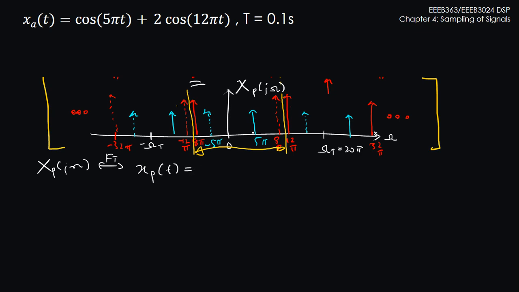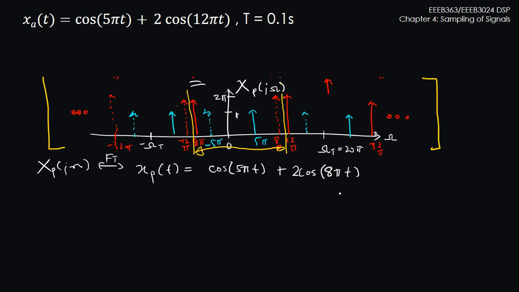So recall that every pulse and its pair is equivalent to a sinusoidal signal. A pulse in the frequency domain is equal to a cosine signal in the time domain. So this signal at 5π will give you cosine 5πt, magnitude 1. The red signal similarly is cosine 8πt, and magnitude is 2.